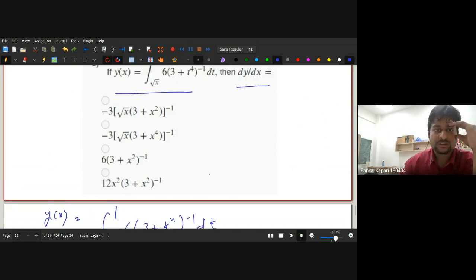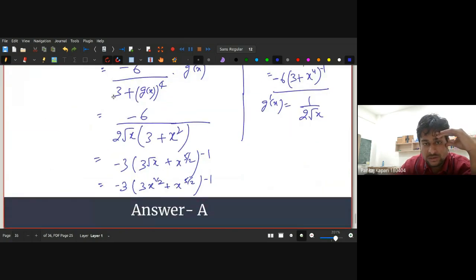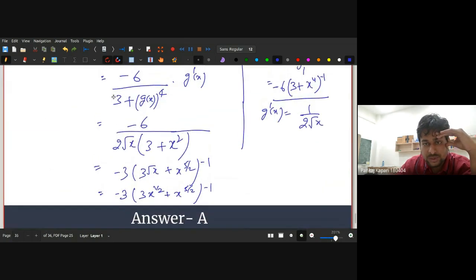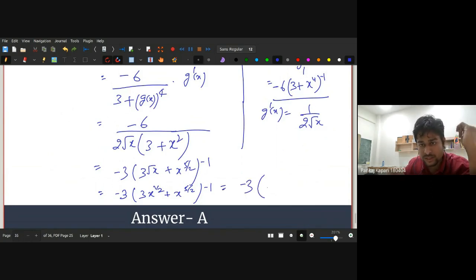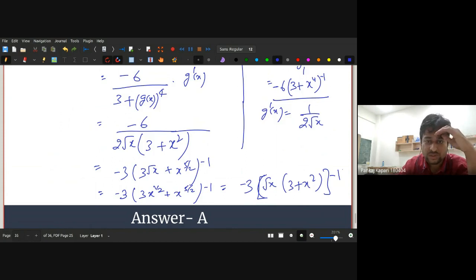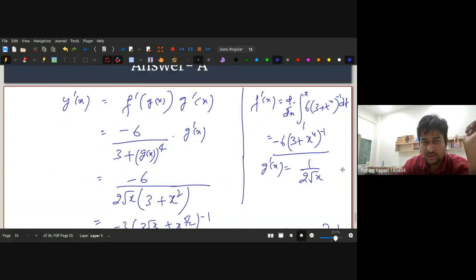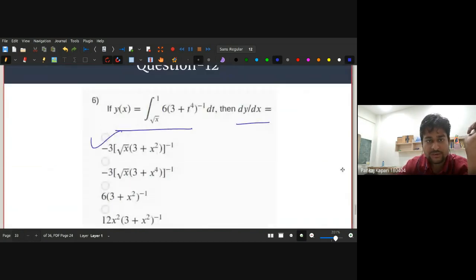Okay, so I think the previous version was correct. Minus 3, taking root x outside like before, and then 3 plus x square, everything to the power minus 1. Okay, so the first option is correct here.